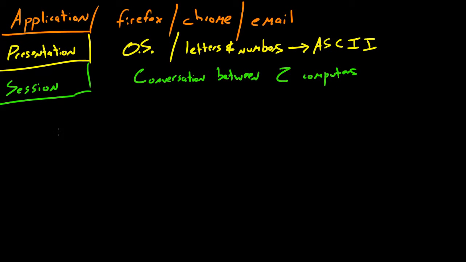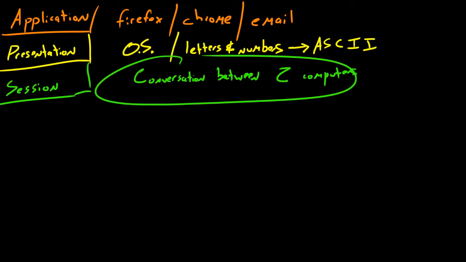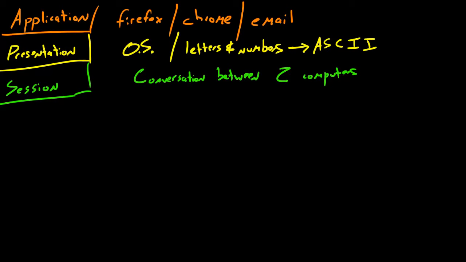And if something disrupted your communication, it would try to reestablish the link so you guys could still communicate. And whenever it was done, this is the layer that is responsible for ending the conversation. So a session is basically like a conversation or communication between two computers, and this right here is responsible for pretty much starting, ending, and maintaining that conversation.